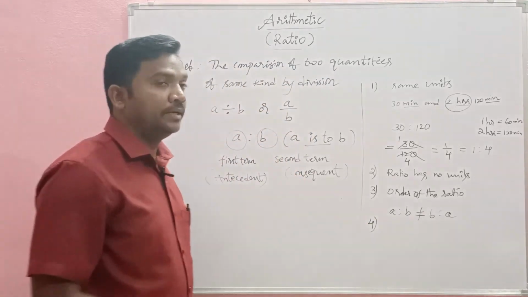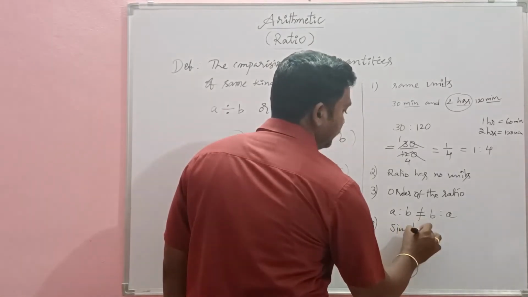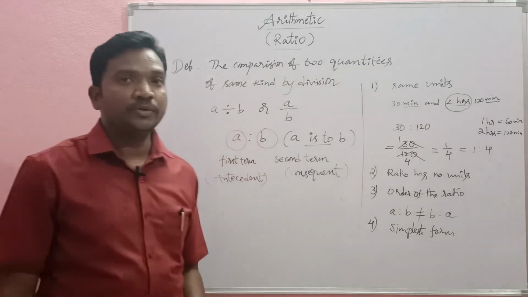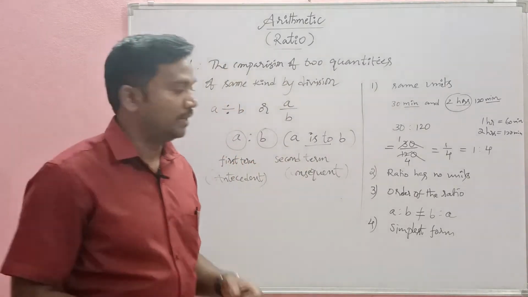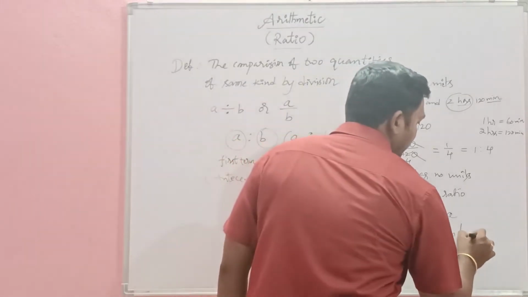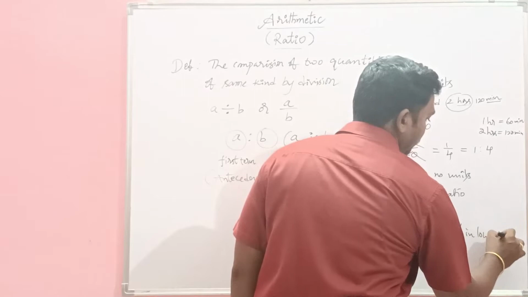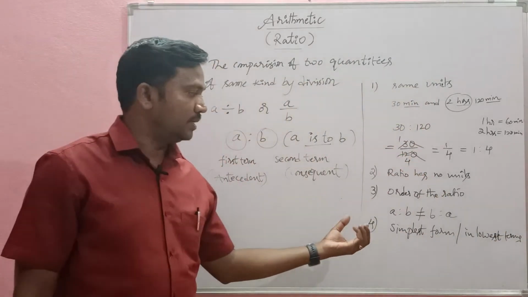Next one, a ratio is always expressed in its simplest form or in lowest terms. What does it mean?